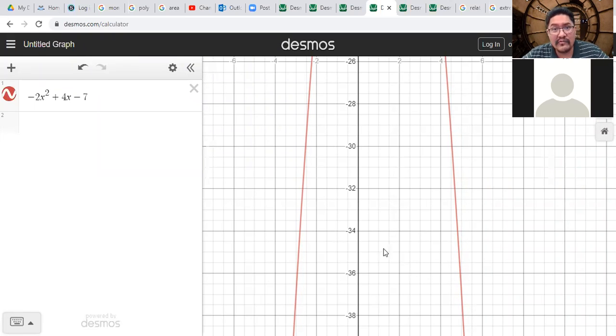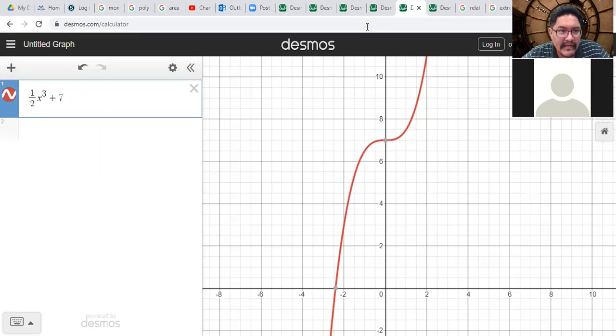And as x goes to negative infinity, so as we move to the left, our line is going down to negative infinity. So both sides are going to negative infinity. All right, last one.